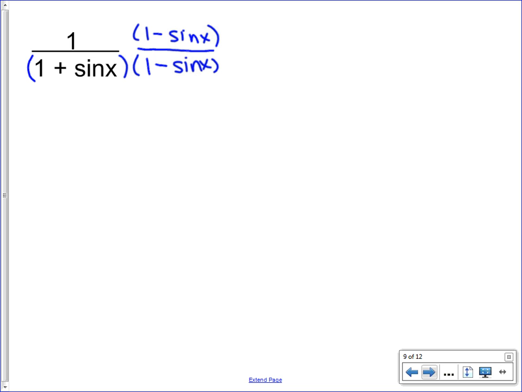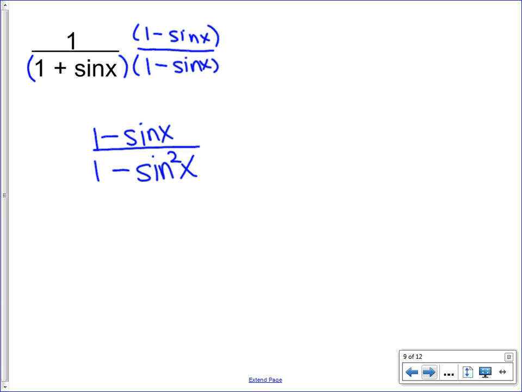So why did we multiply by the conjugate? Well, we get 1 minus sine of x upstairs. What happens when we multiply 1 plus sine of x times 1 minus sine of x? What happens when you multiply by conjugates? No middle term. The middle term goes away, so we have 1 minus sine squared x.